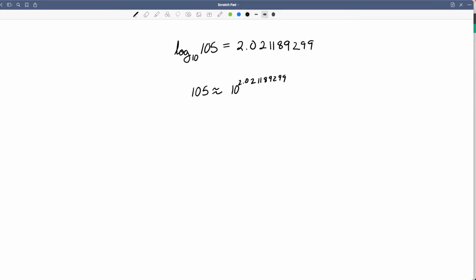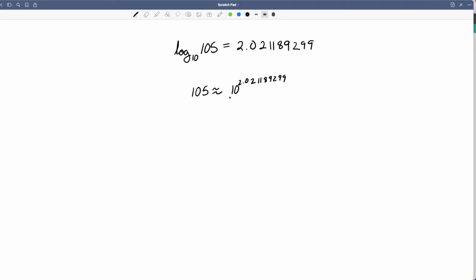You can see why you would want to write it like this instead to find that exponent. It might be a little bit easier. But this is the logarithm of 105 to the base 10 is 2.021189299. All right, so that's how we would solve that.